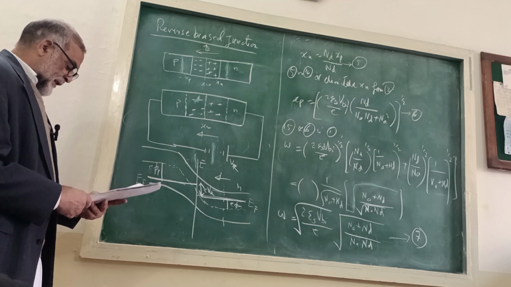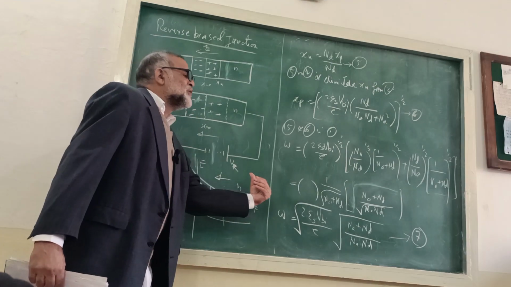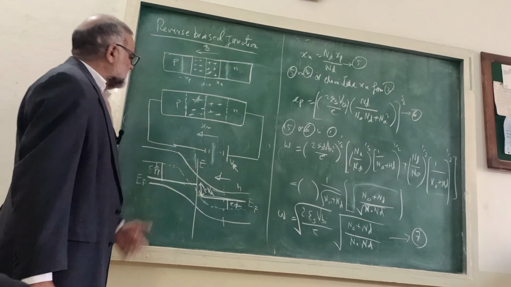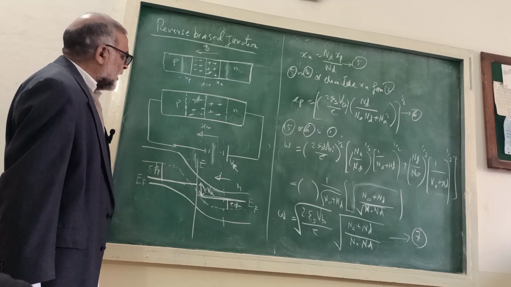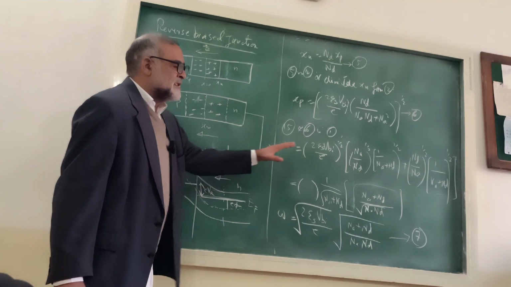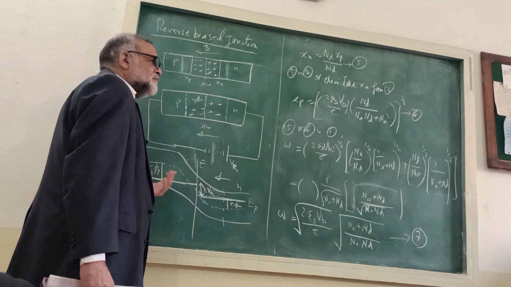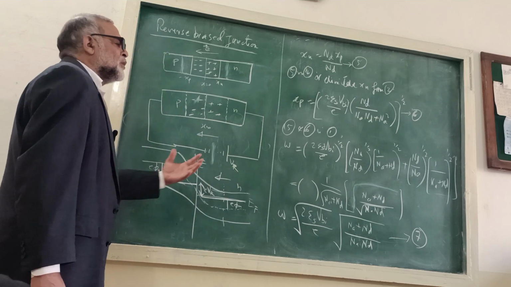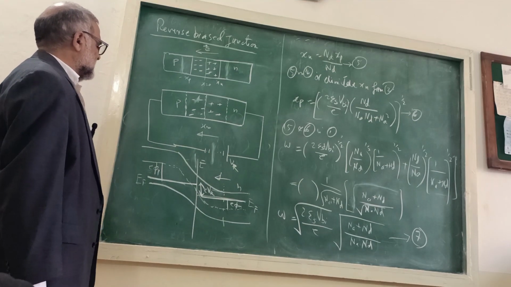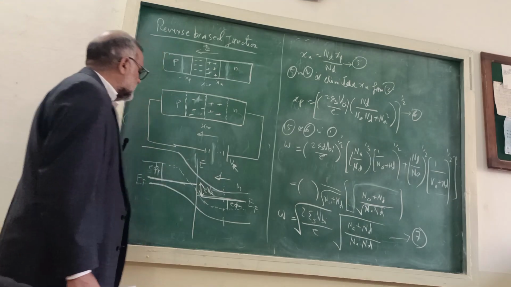So it is more difficult for an electron to move to the lower potential, because on this side the potential is low and on that side the potential is high. So for the electron, it's rather more difficult to move to the side.